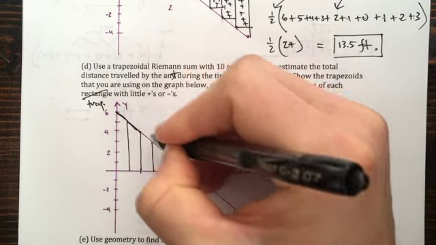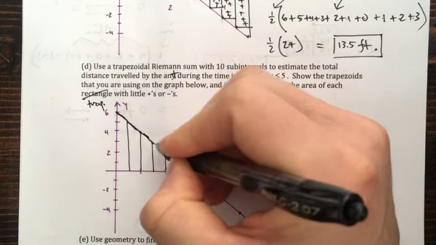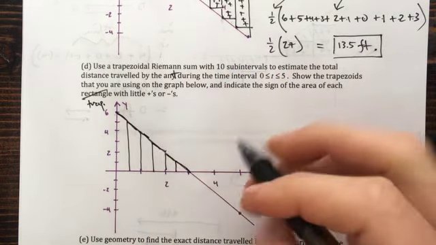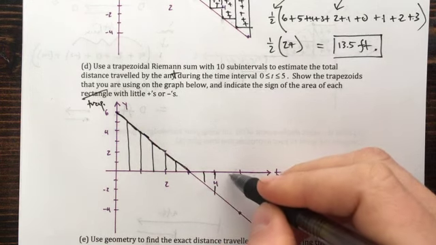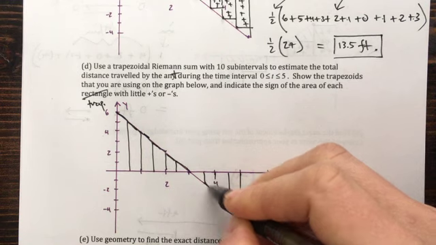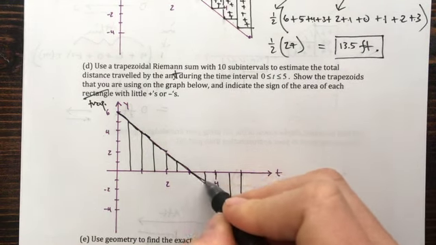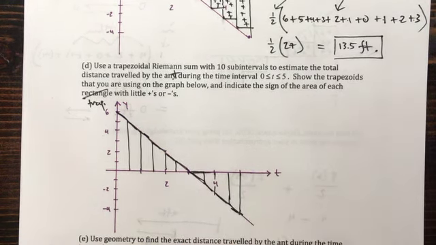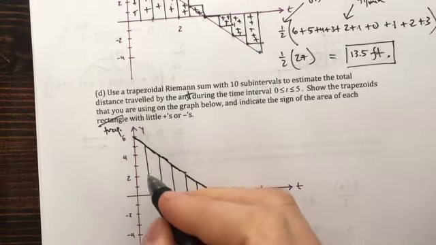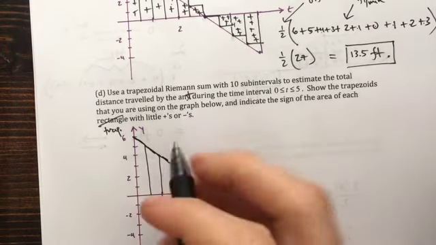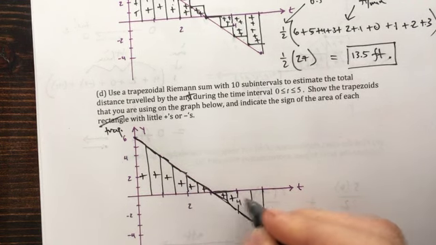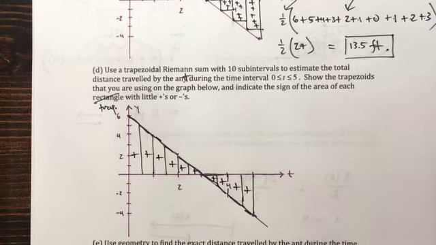So you'll notice that a trapezoid on a linear function actually gives you the exact area. Interesting. Makes sense, I guess. So I'm not going to bother to compute all those. We want total distance traveled, so they're all going to be positive.